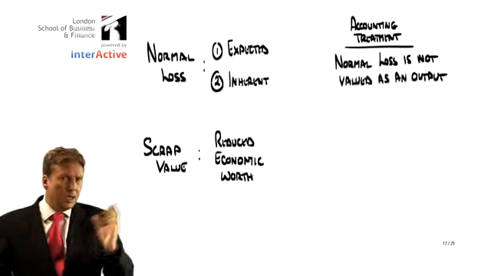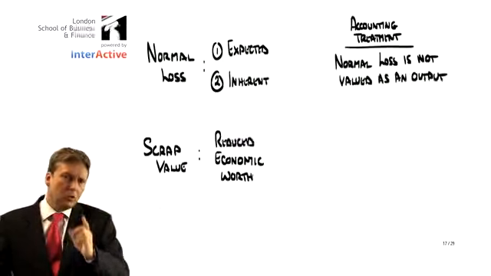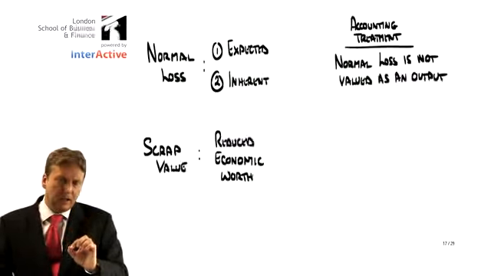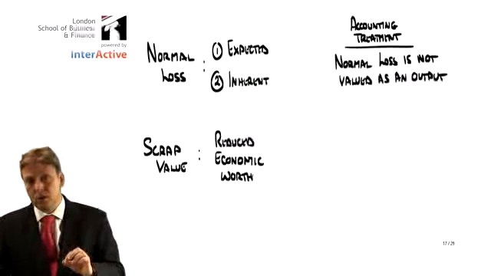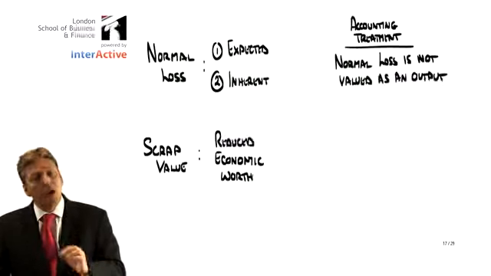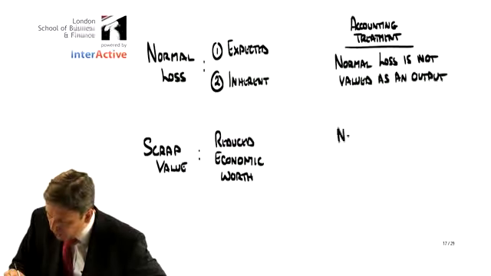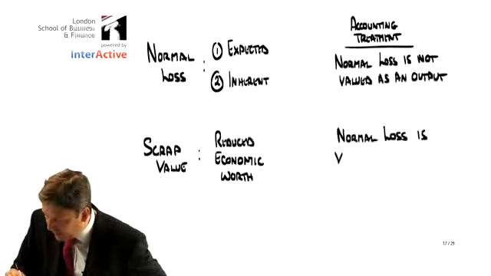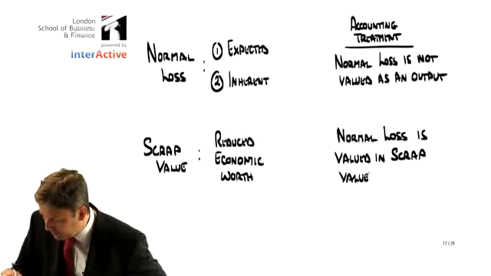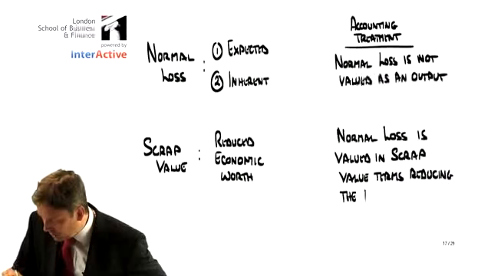But hold on a moment. If we have this income source, couldn't we argue that the scrap value should offset the costs of the process? Well, that's what we do. Therefore, normal loss is valued in scrap value terms, reducing the process costs.